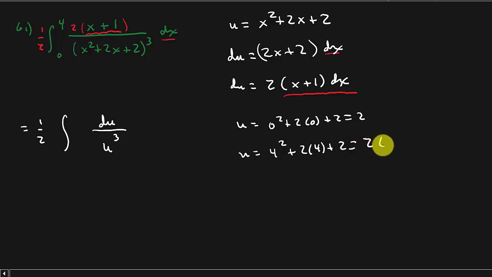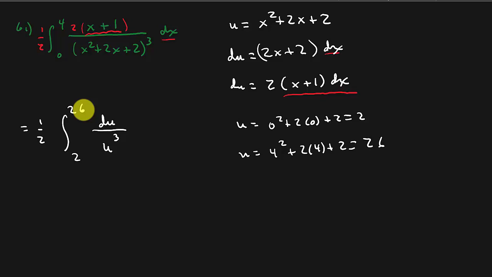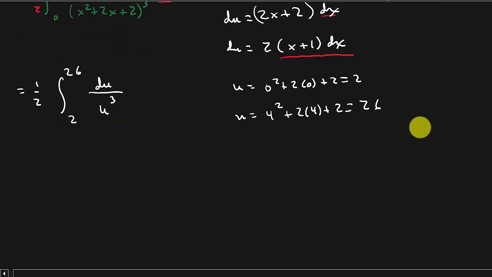Is that 26? So that's 2 to 26. I believe that's right, but as usual, I'm going to check it. 4 squared plus 8 plus 2. Yep, 26.